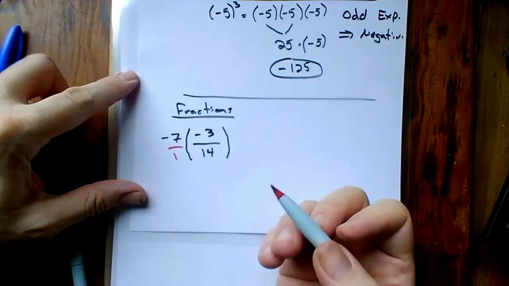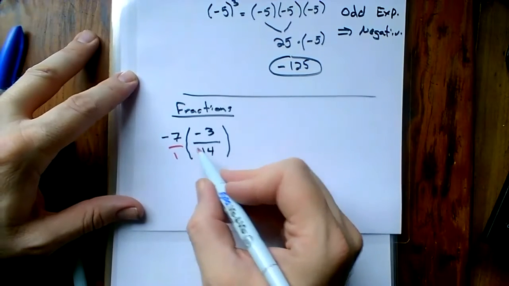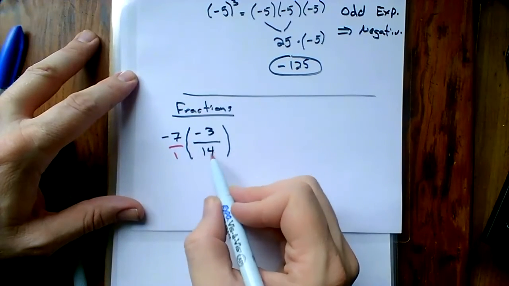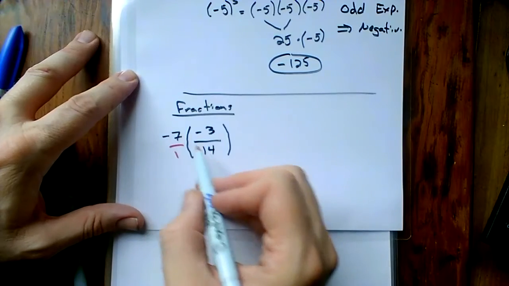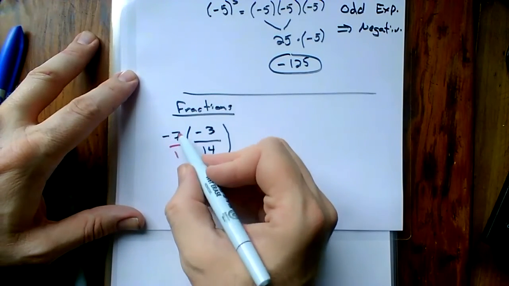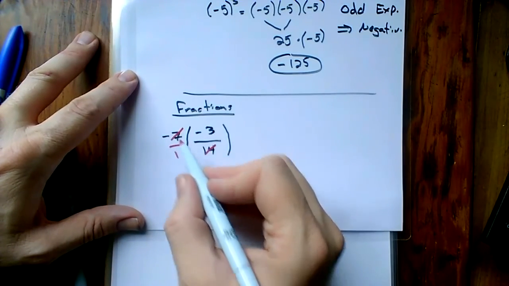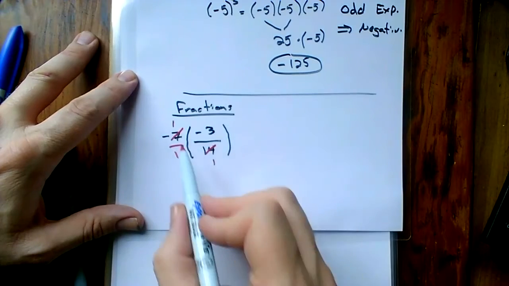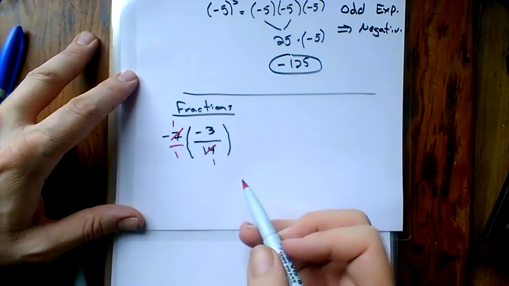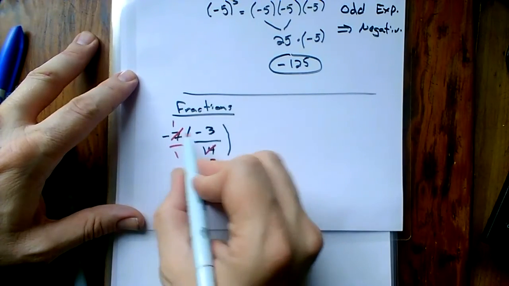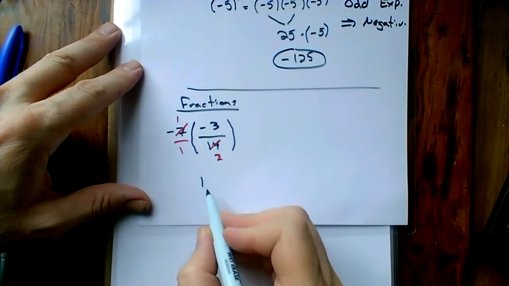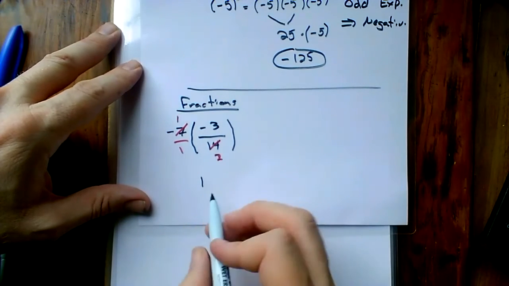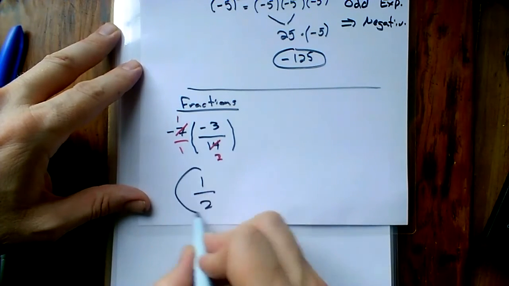Before you actually multiply, reduce anything on the top with anything on the bottom that has a common divisor. I can divide both 7 and 14 by 7. So this would be 1 times negative 1 times negative 3, which would be a positive 1 on top, and 1 times 2 would be a 2.